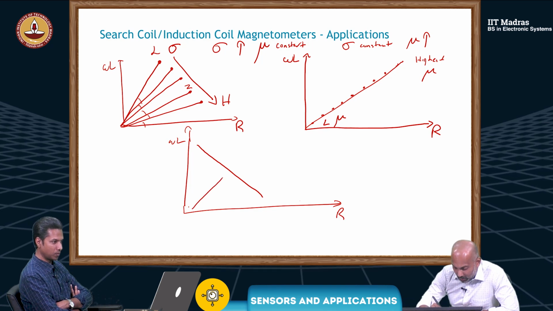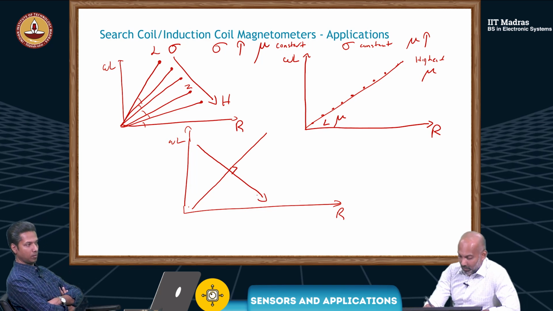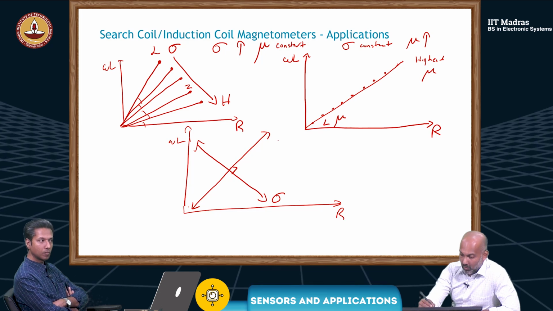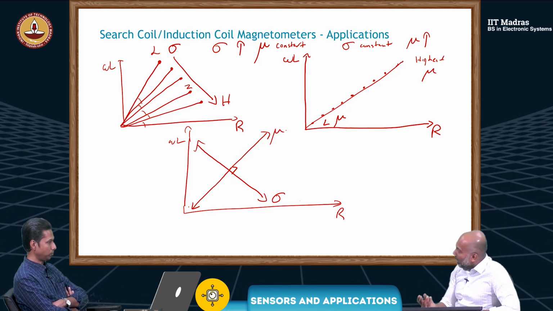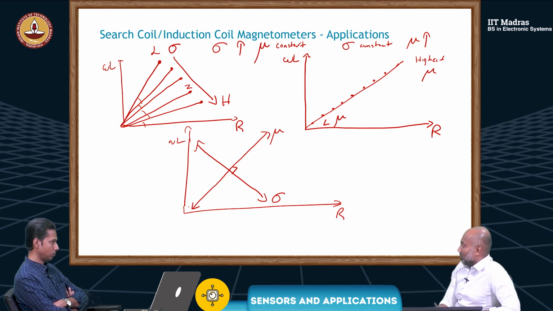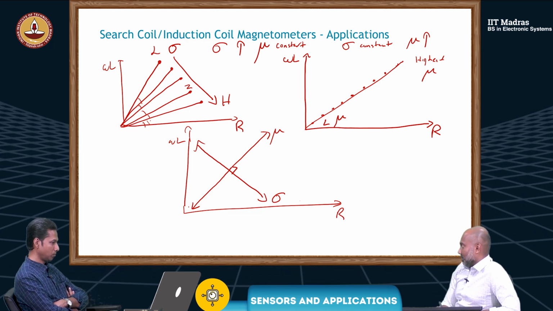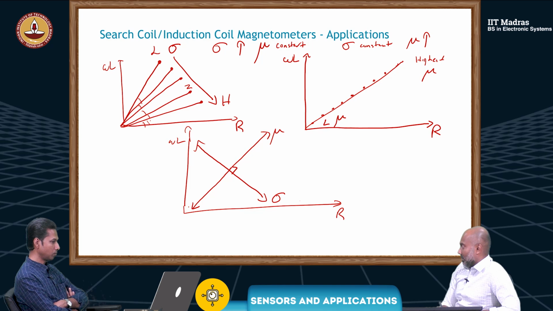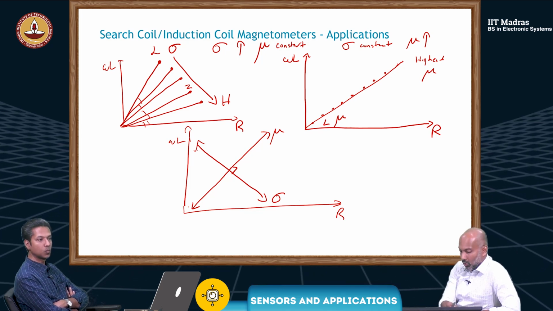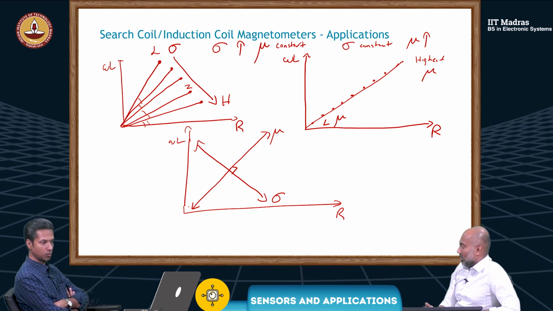This will actually cross at 90 degrees. So this becomes your sigma and this becomes your mu. Based on this impedance diagram and the phase change, you should be able to separate the variables. If you are testing a material and your curve follows this, then you know it's changing because of the conductivity.